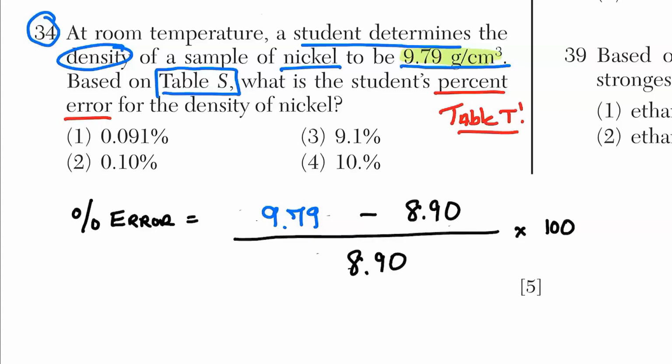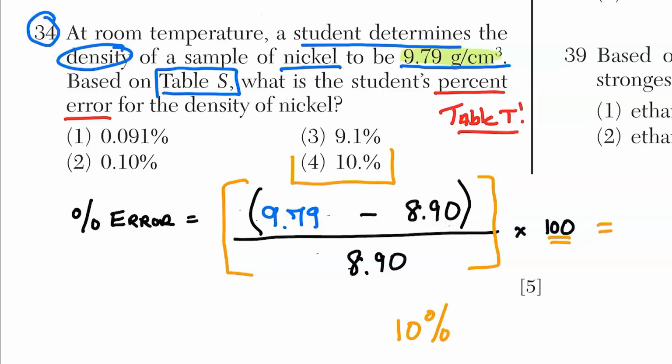I just subtracted these two numbers, and now I'm going to divide by 8.90, so 0.89 divided by 8.90, I get 0.1, and so this whole expression is 0.1. I'm going to times it by 100, and you're going to get 10%. And that's why choice 4 is the answer.